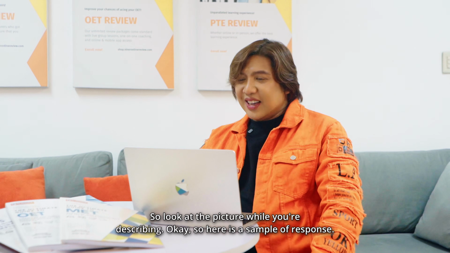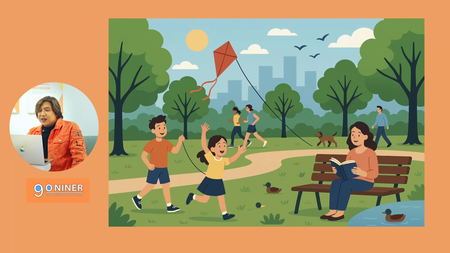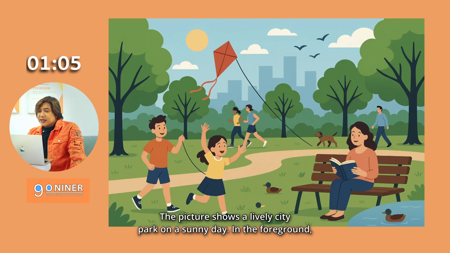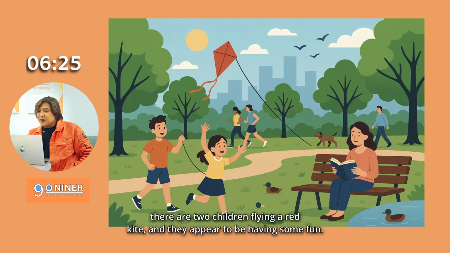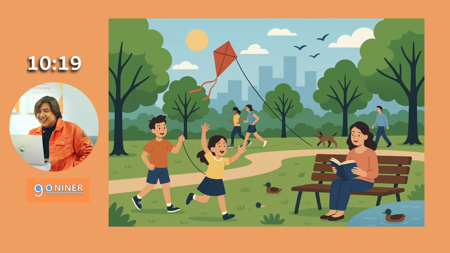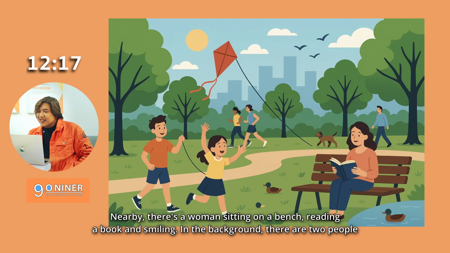Okay, so here is a sample response. The picture shows a lively city park on a sunny day. In the foreground, there are two children flying a red kite, and they appear to be having some fun. Nearby, there's a woman sitting on a bench, reading a book and smiling.